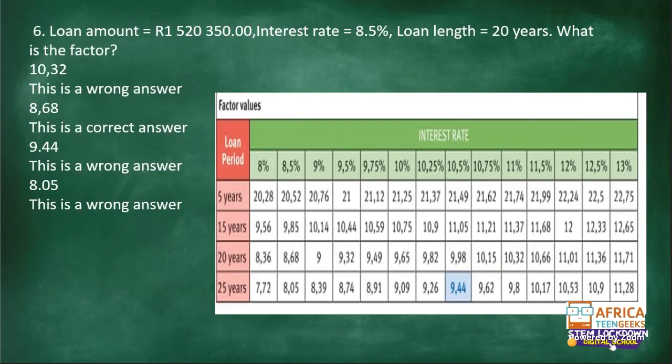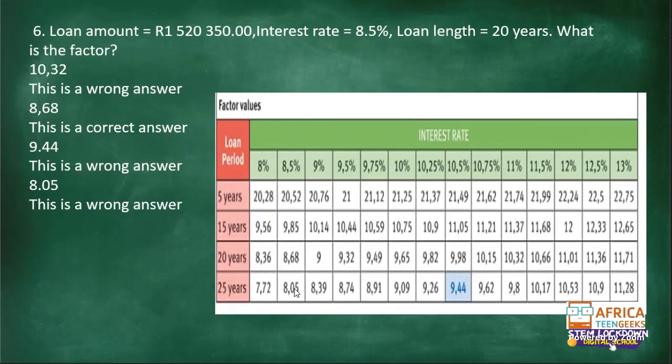Right. The factor value, the way you find it, you simply look at the interest rate there. And the most important thing, again, is the number of years. You can see that in this loan amount, the number of years is 20 years again, and the interest rate is 8.5%. Now, you simply go to 8.5% there, and then you go down to 20 years.